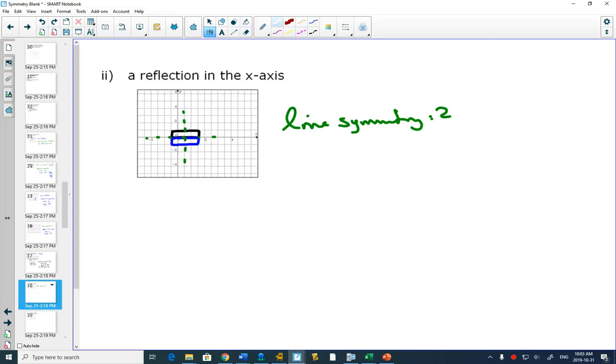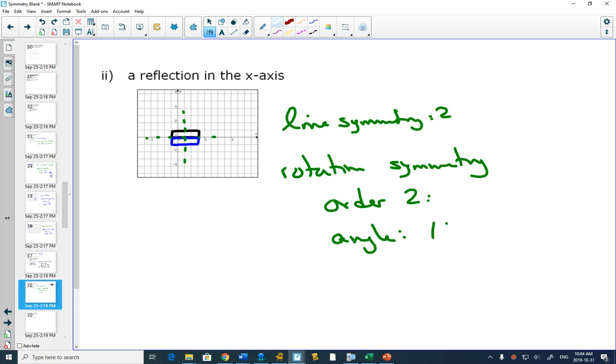Could you rotate this and make it match up? Yes. It has rotation symmetry, an order of 2 and an angle of 180 degrees.